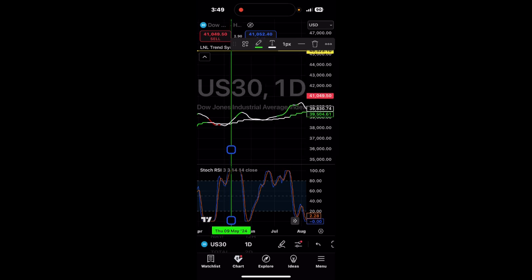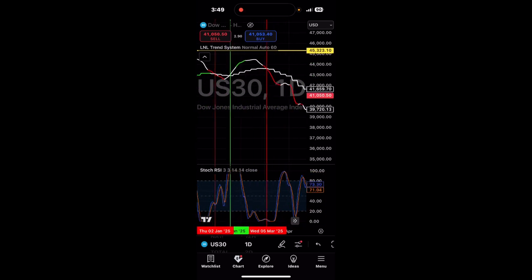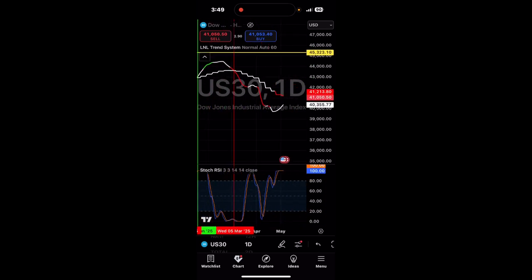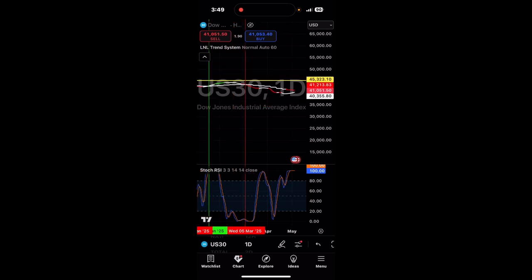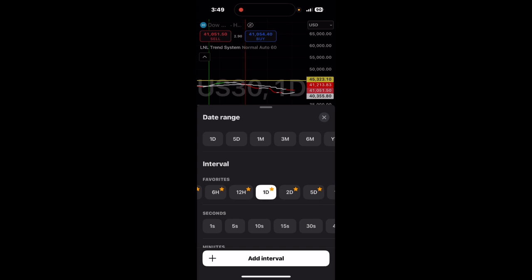Make that green. So, looking at this on the day, but real quickly, we want to look at this on the hour. We made our marks, so we know the overall direction to focus on.